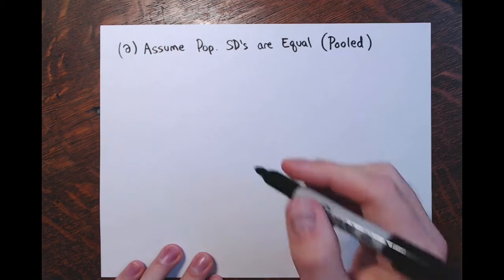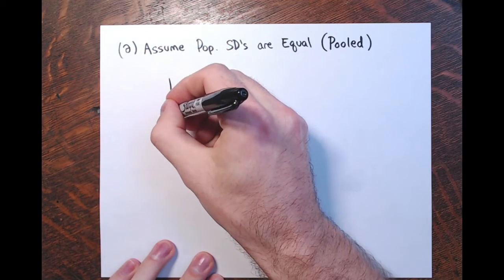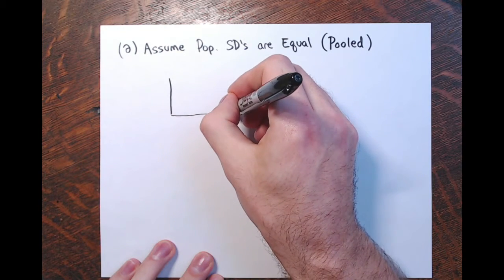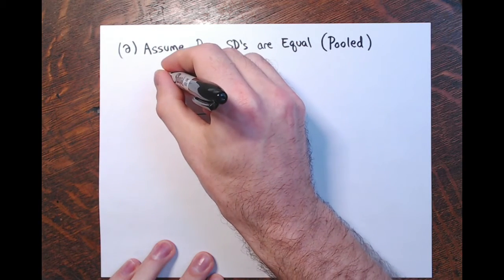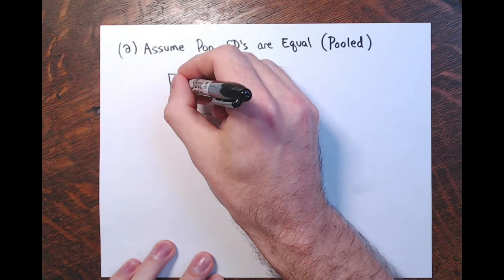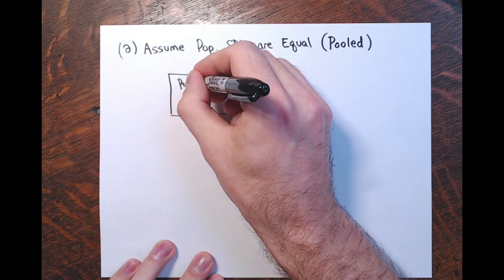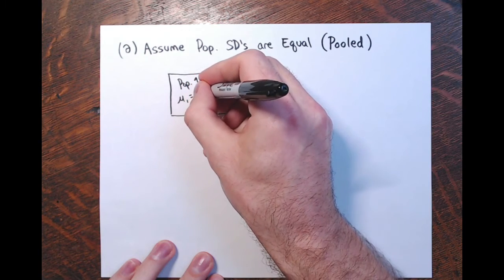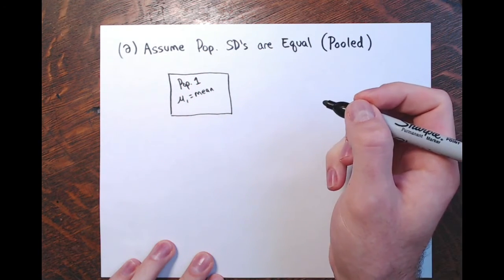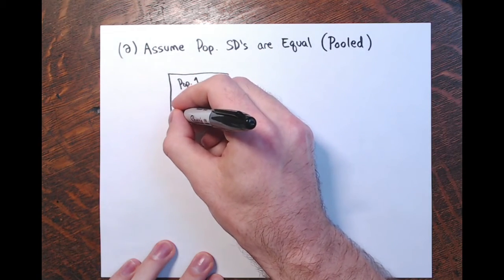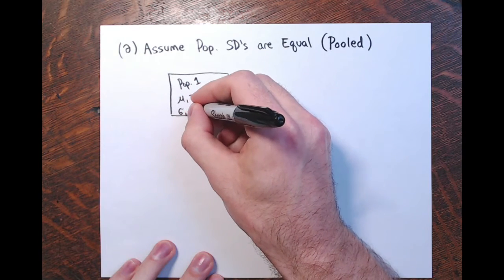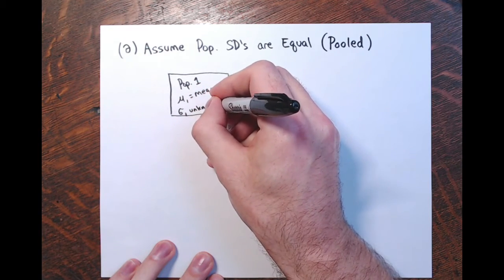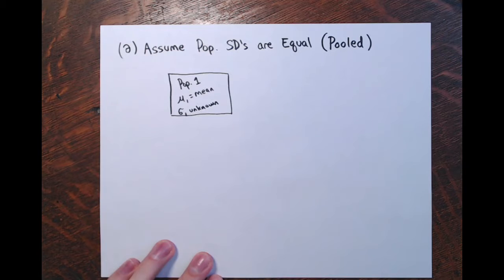I'll draw some pictures. So again, a picture similar to that first one. You have two separate populations, two independent populations. Population 1 has a mean, say called mu1, and it's got a standard deviation sigma 1, but this is again unknown.